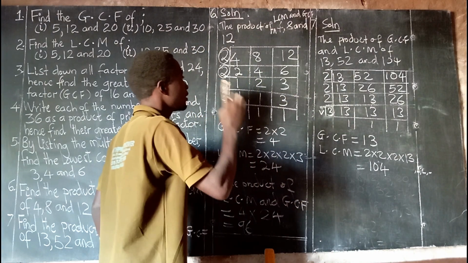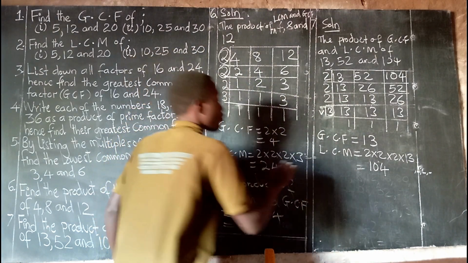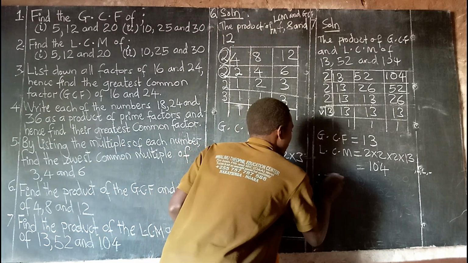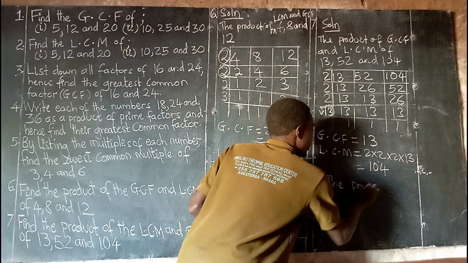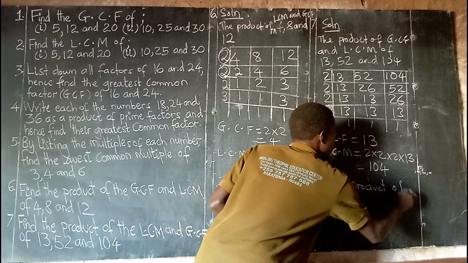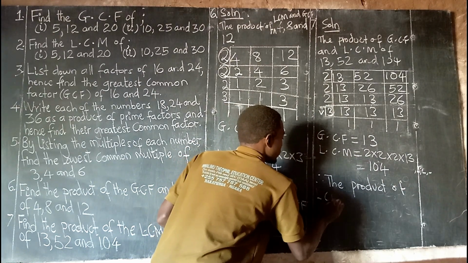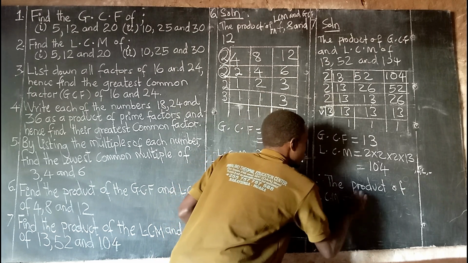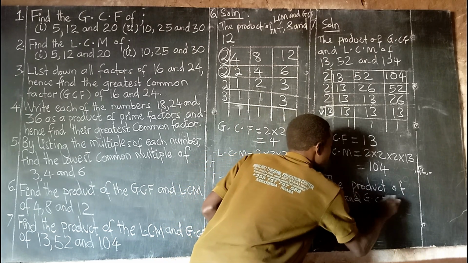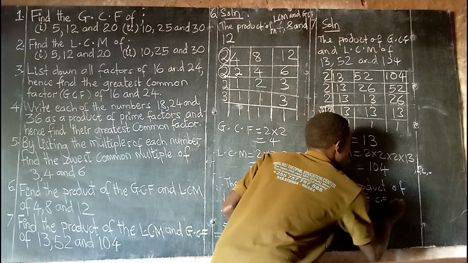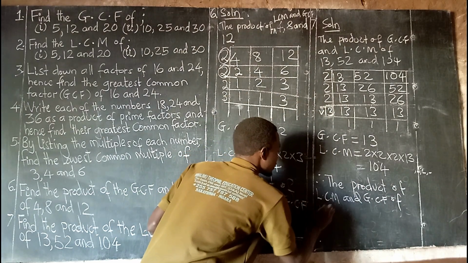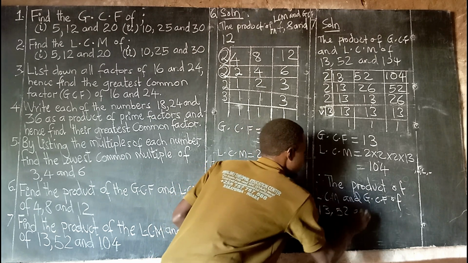of 13, 52, and 104. So, the product of LCM and GCF of the given numbers 13, 52, and 104.